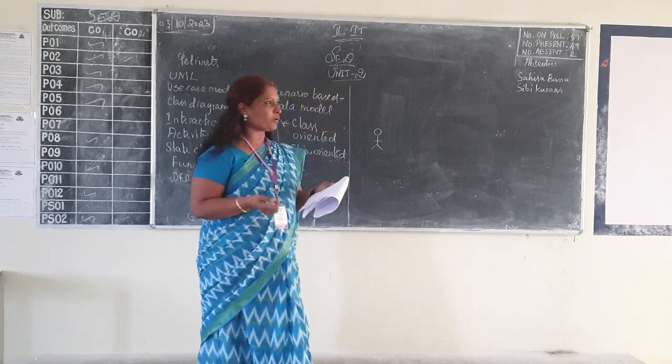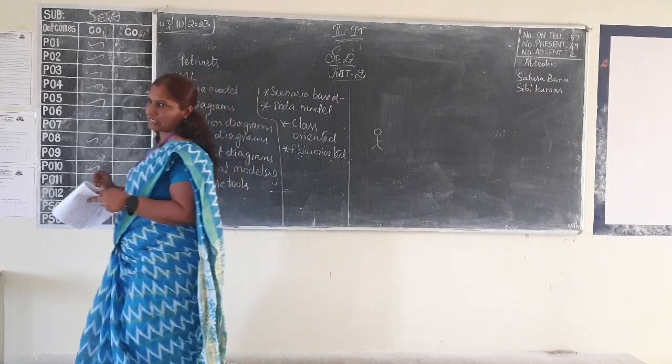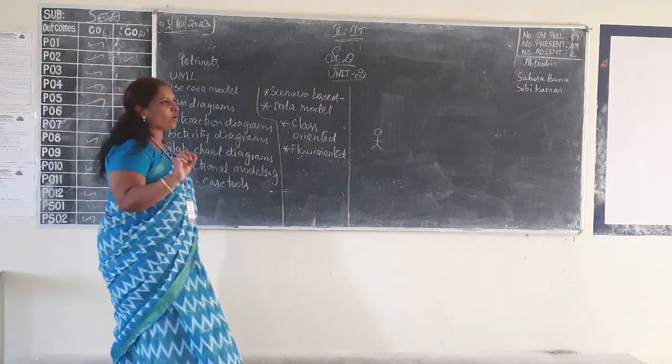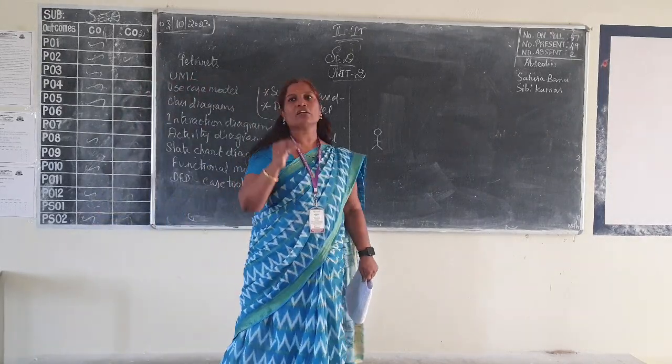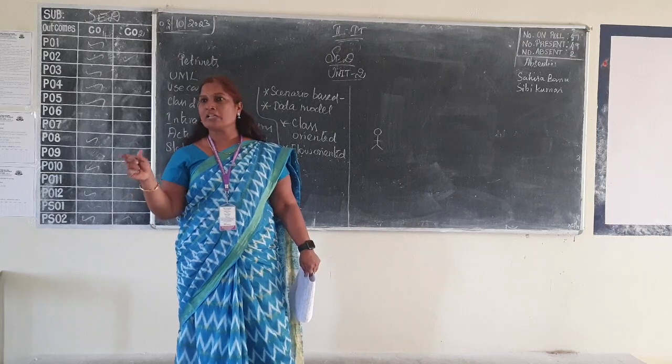So this model is to represent object oriented classes where the important elements will be attributes and operations. Attributes may have some data members and there may be some member functions.